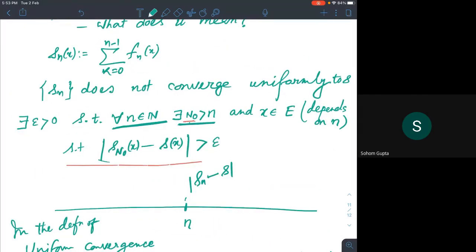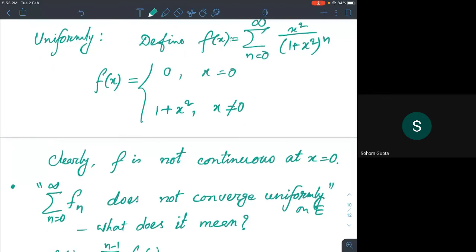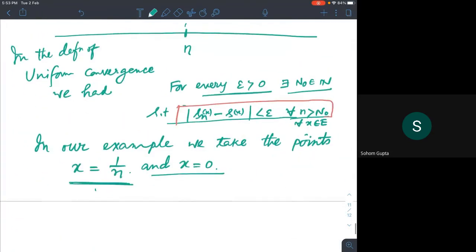You need to look at the sum, the geometric sum of the geometric series, which you know already, putting the value 1 over n.